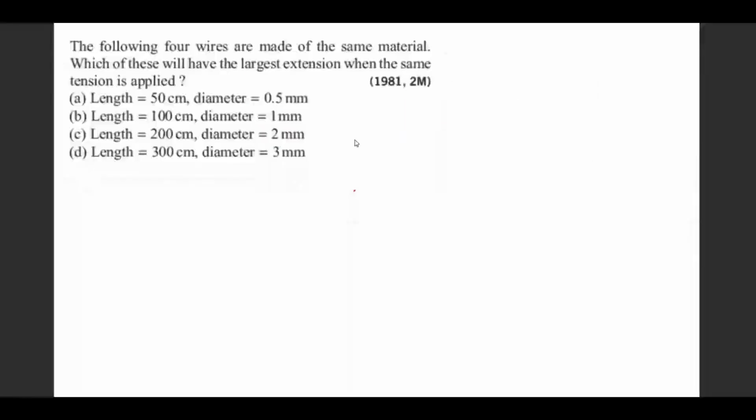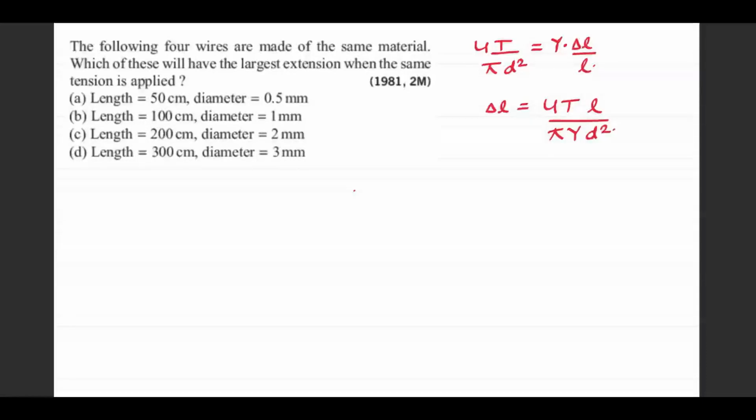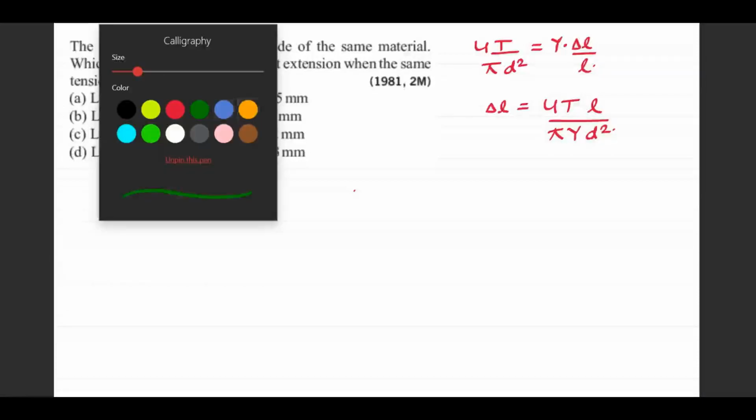Let's move on to the next question then. There are 4 wires all made up of the same material. Which will have the largest extension when the same tension is applied? Largest extension when the same tension is applied. So can I say, or better if I express this in terms of diameter, delta L will be this, this being a constant.